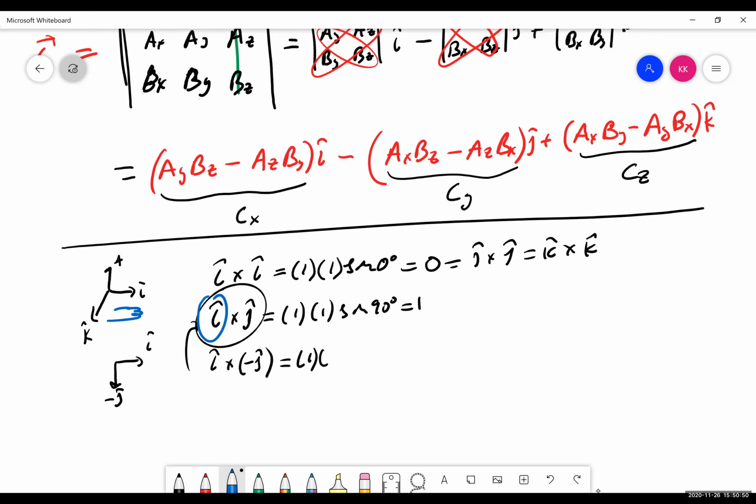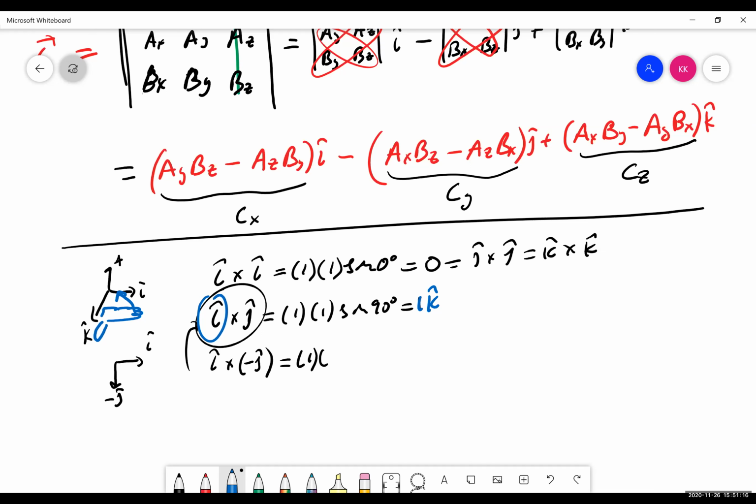Then curl your fingers in the direction of the J hat vector. Your thumb will be pointing out toward you, which is the direction of K hat. That means this will be 1 K hat. So you have a magnitude and a direction, and you're always going to get a direction out of that as well.